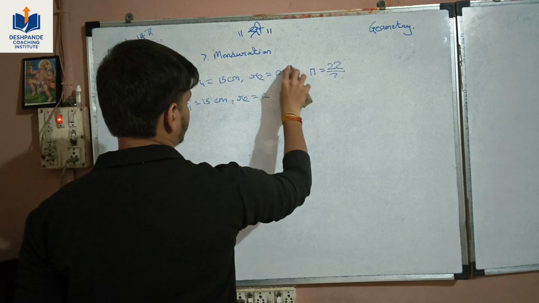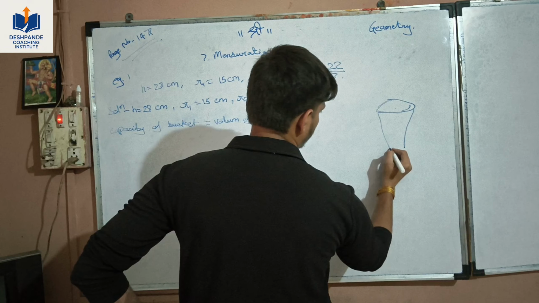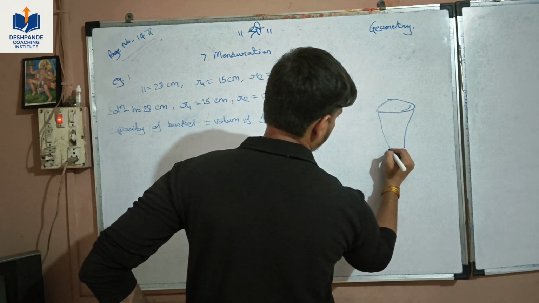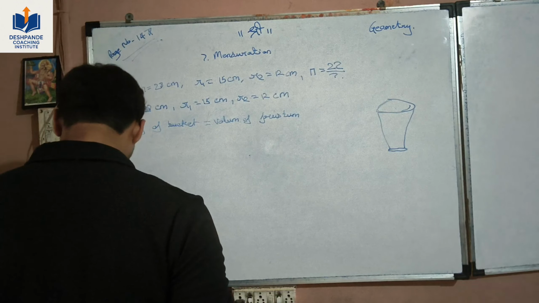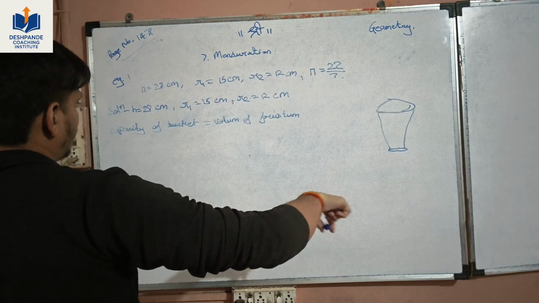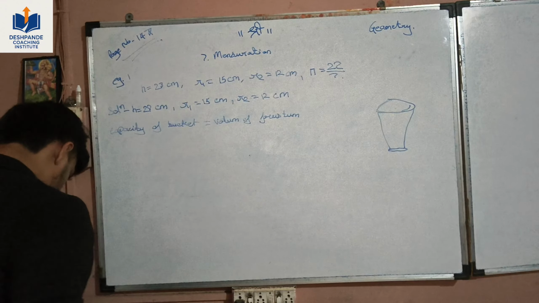The shape of the frustum is like this: here it is a big opening and this is the small base of the bucket. So somehow the figure is like this, the frustum, I mean the bucket. So this is the shape of the frustum.